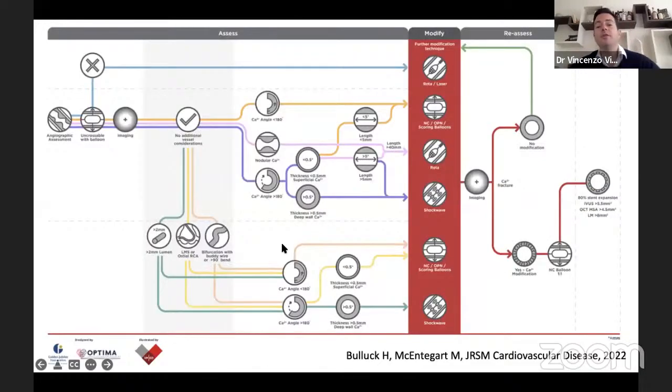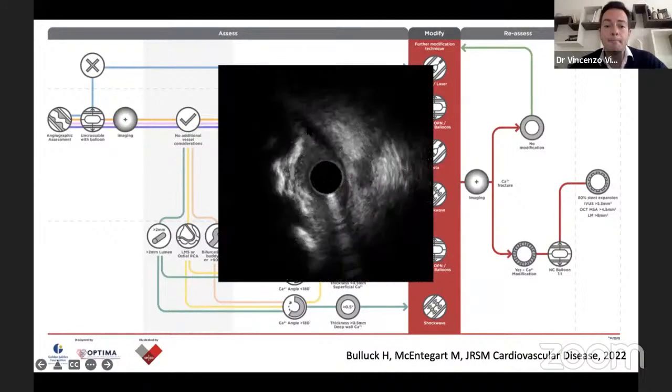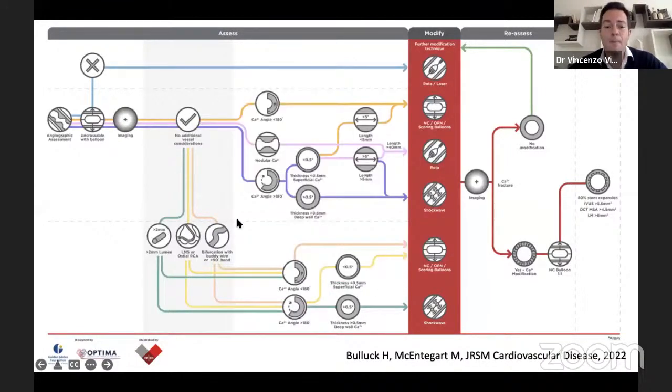So I followed the already mentioned algorithm. We are definitely in the presence of nodular calcium. According to this algorithm, nodular calcium is best treated by rotational ablation up front. But also we have an ostial right coronary artery, and a calcified angle of more than 180 degrees.